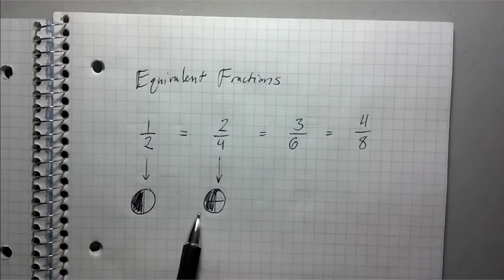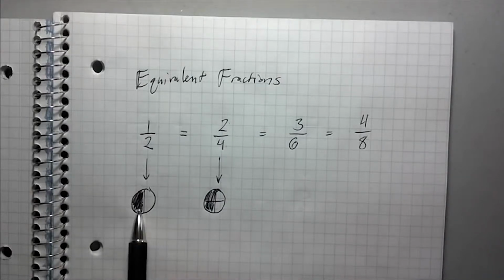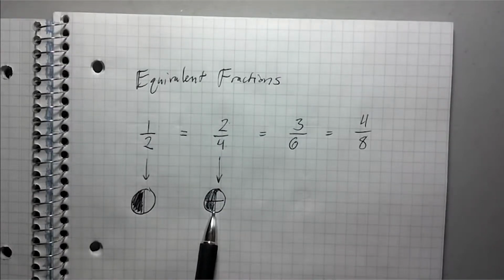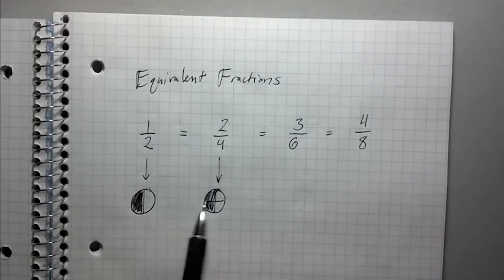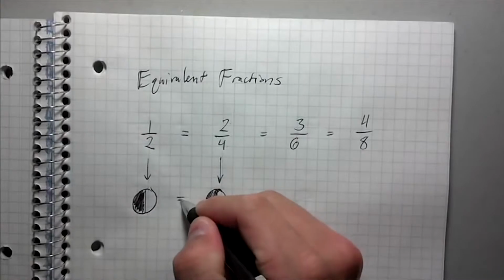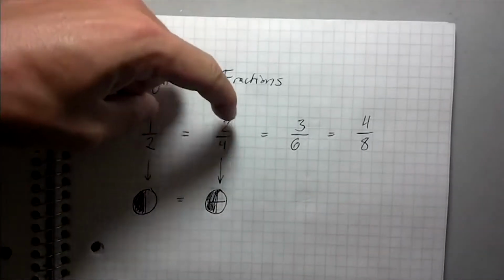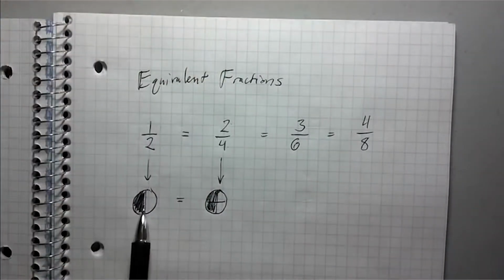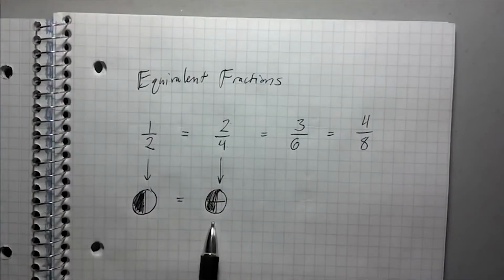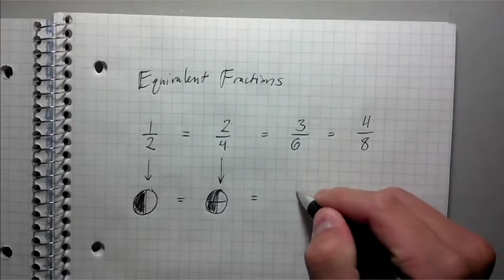Now notice something. Do you see how this picture is exactly the same as this picture in terms of the total area filled in? What that means is that since the area filled in is the same between these two pictures, these fractions must be equal. And so this is just sort of a pictorial demonstration of equivalent fractions. And I could do the same thing with 3/6.